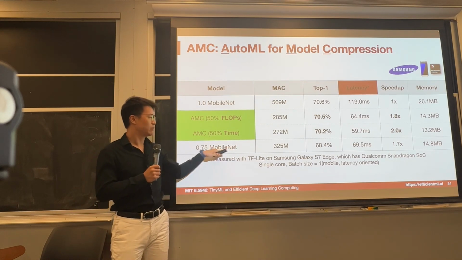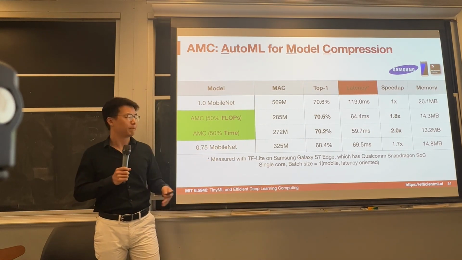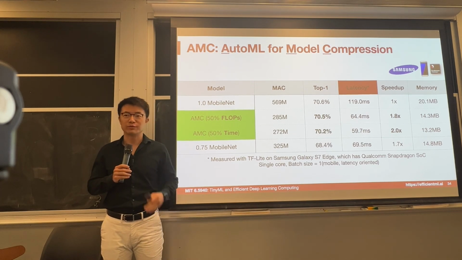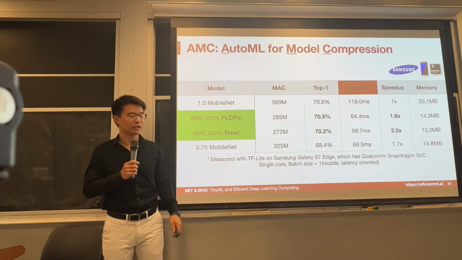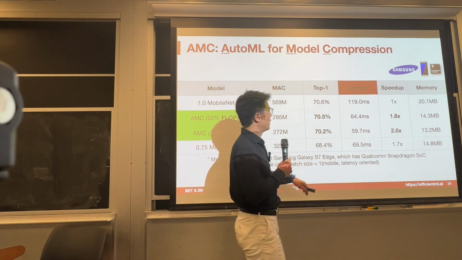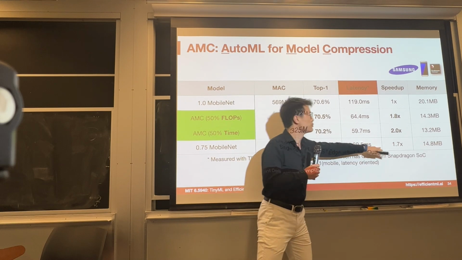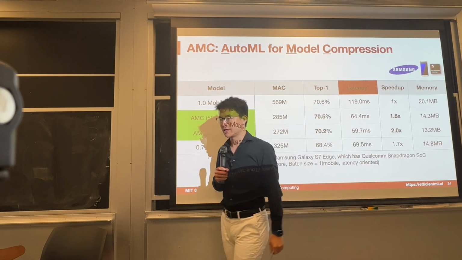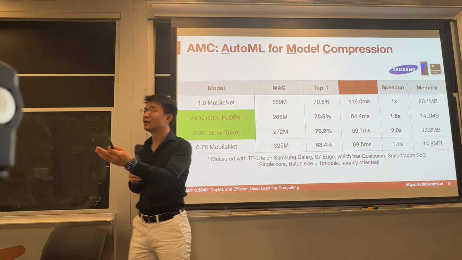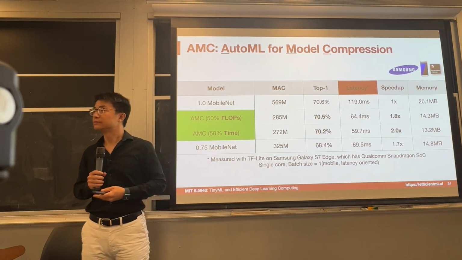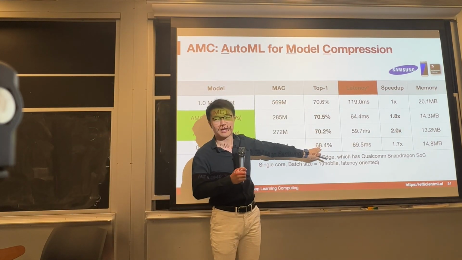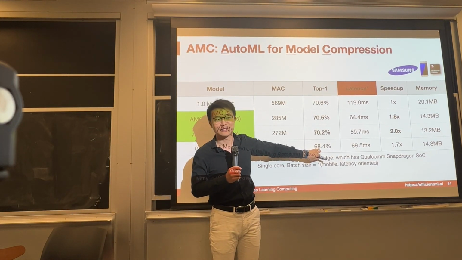Versus the naive approach, we just train a 0.75 MobileNet, which is basically uniformly shrinking each layer by 25%. And here we can find the speed up is almost 70%, which is lower than the AMC-based approach. Accuracy is in this column. Actually, this one has even worse test accuracy.